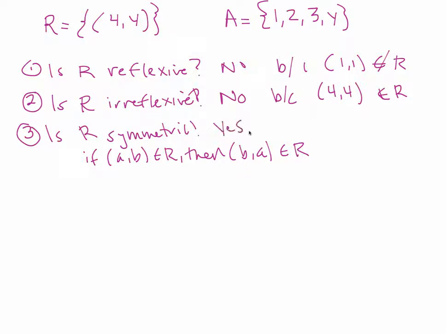So when you're justifying these in the homework, anytime you have a no, it should be a quick reason why, and you don't have to justify the yes. It's just justifying why a property does not hold, because showing something does hold is a lot harder. But it's yes because the only point in R is 4, 4. And if you reverse the order of that, you get 4, 4, so you're still in R. So yes, great.